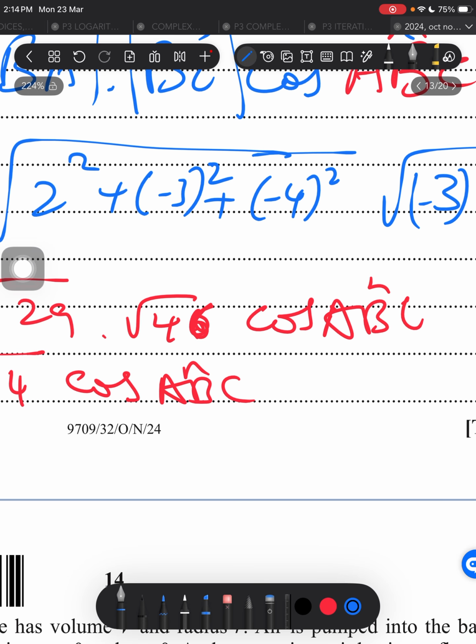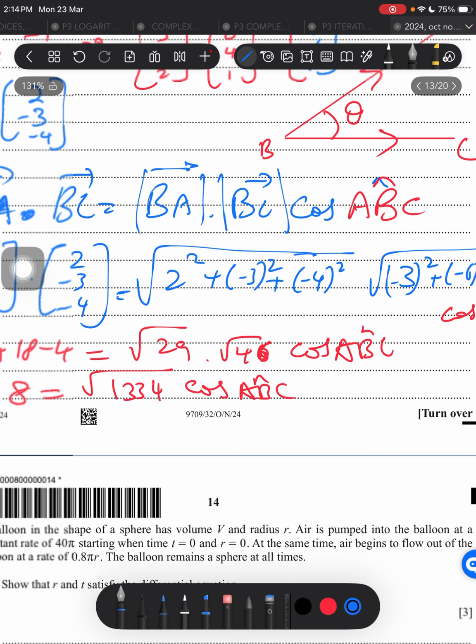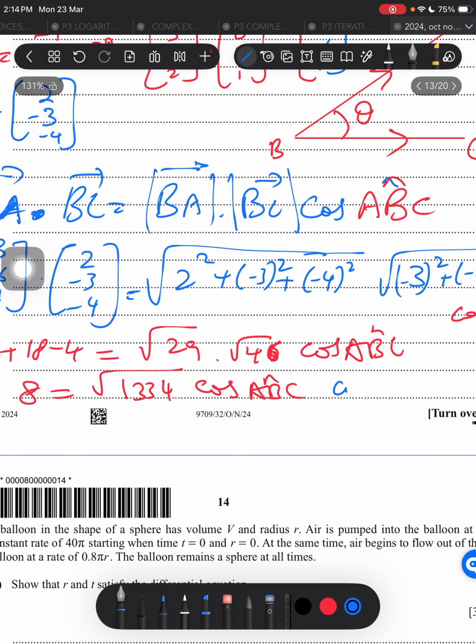If you take cos inverse of this, or we can just take one more step, cos inverse of B, or we can say that B and then cos inverse, because we are finding B only.